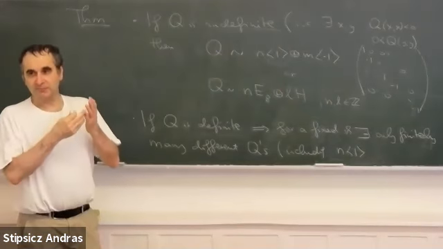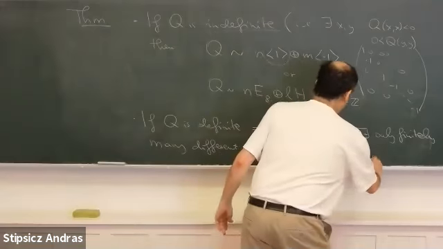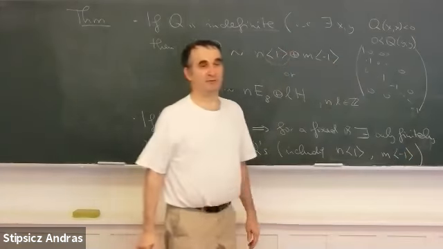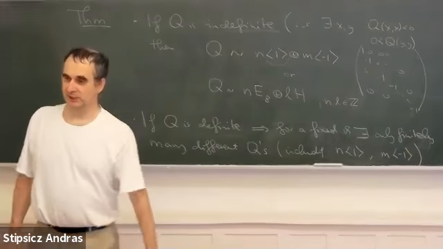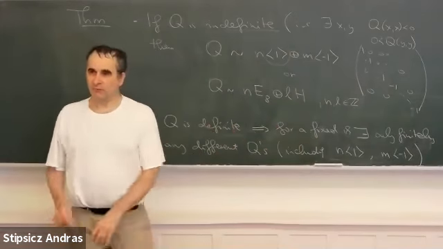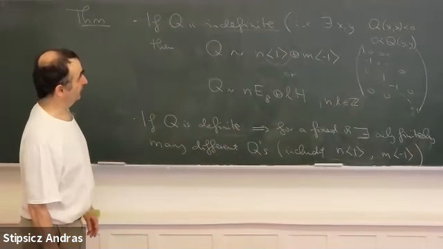So this is a prototype positive definite intersection form or bilinear form, and a prototype negative definite when you have only -1s in the diagonal. But those are just 2 out of this very complicated zoo of symmetric bilinear forms.